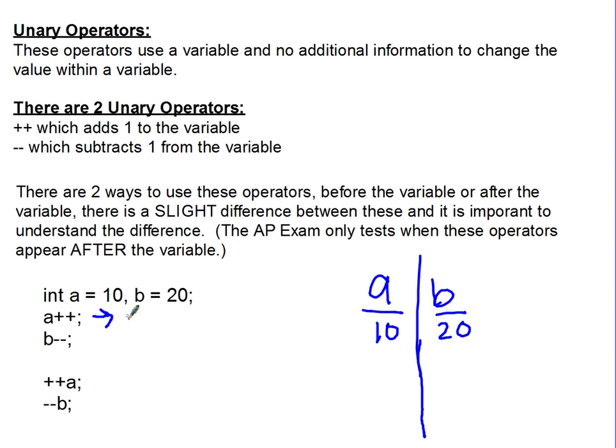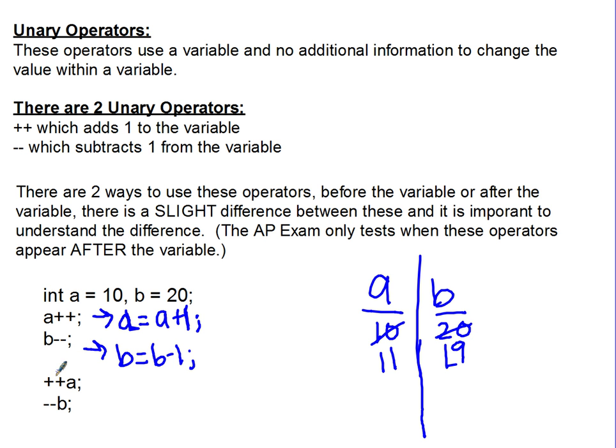This is a shortcut way of saying A equals A plus 1. You're going to learn programmers are lazy. They like to do shortcuts whenever possible. So A equals A plus 1, so I'm just adding 1, so A becomes 11. And B minus minus is the same as saying B equals B minus 1. So 20, I subtract 1, is now going to have a value of 19.